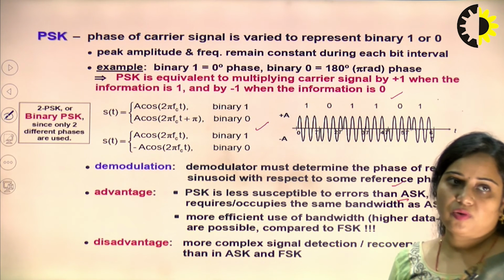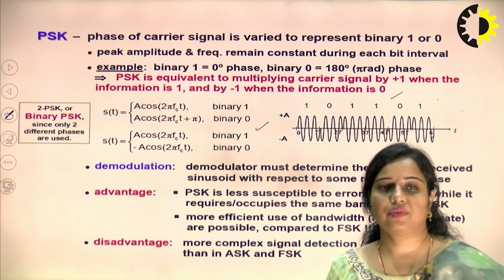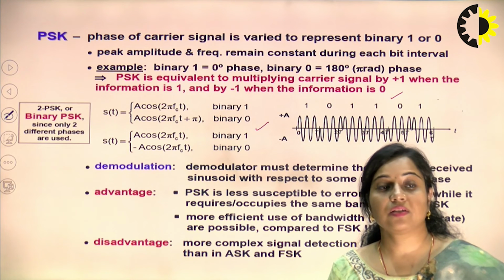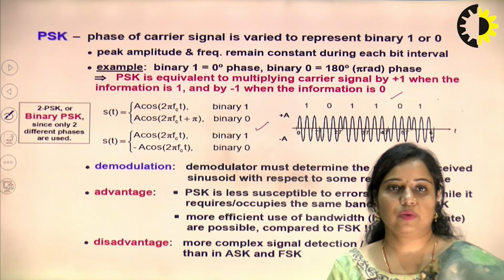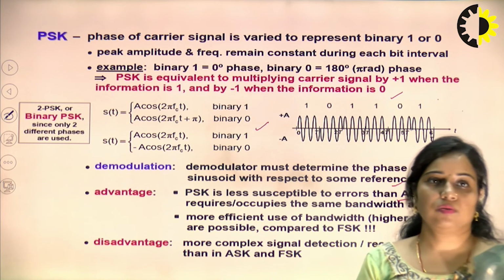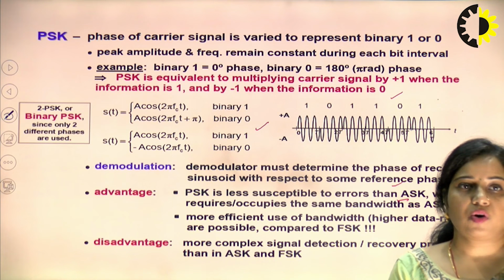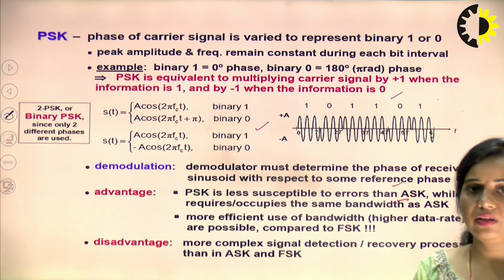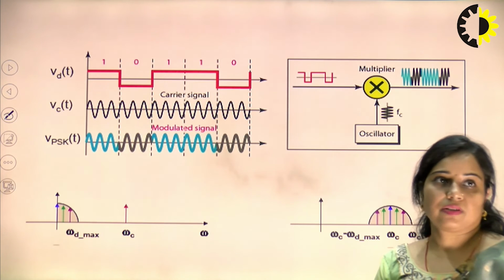The maximum noise among the 3 cases, that is ASK, FSK, PSK, is in ASK only, because we are dealing with the amplitude variation, but in case of PSK and FSK there is no amplitude variation, so the noise is very less. Disadvantage is that we require a more complex signal detection or recovery process than in ASK or FSK.